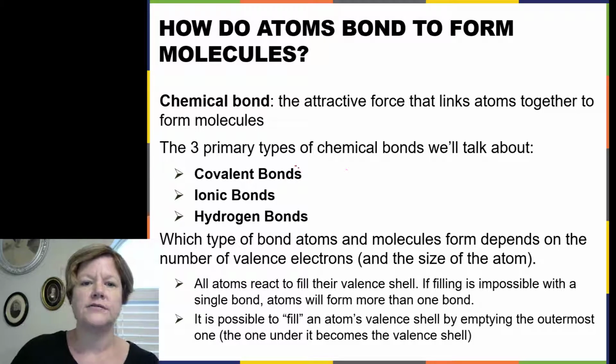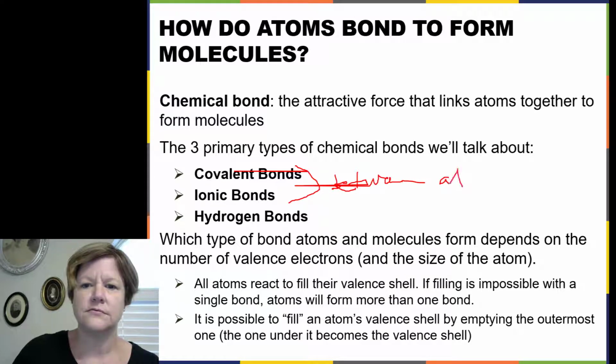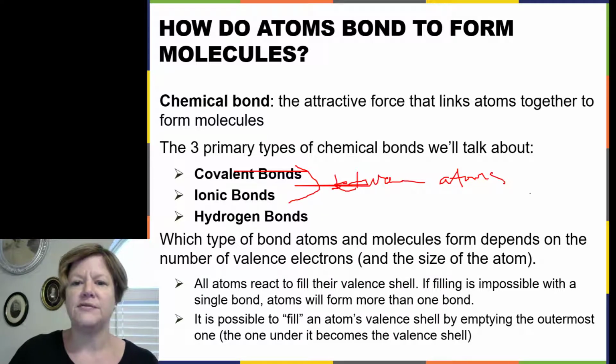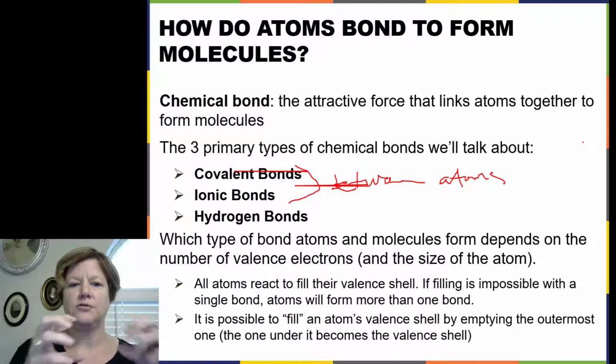Okay, so covalent bonds and ionic bonds form between atoms that make the molecules. So a covalent bond would be a bond between at least two atoms that makes a molecule.